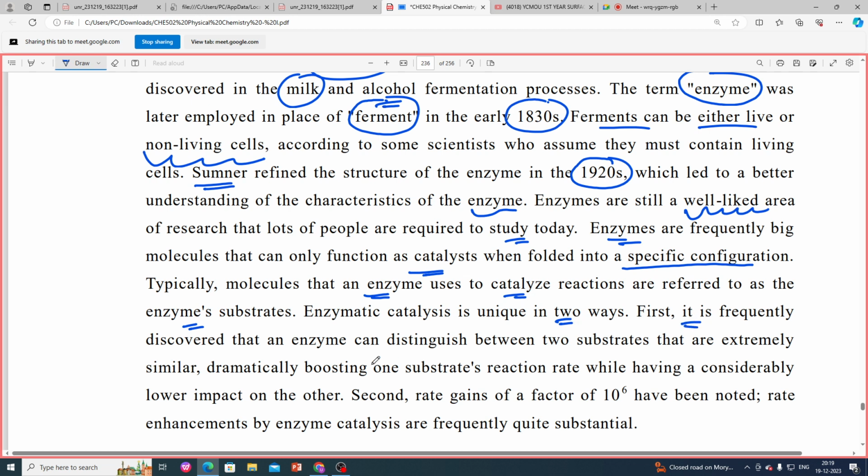First, it is frequently discovered that an enzyme can distinguish between two substrates that are extremely similar, dramatically boosting the reaction rate of one substrate while having a considerably lower impact on the other. Second, rate gains of a factor of 10 to the 6 have been noted. Rates enhanced by enzyme catalysis are frequently quite substantial.